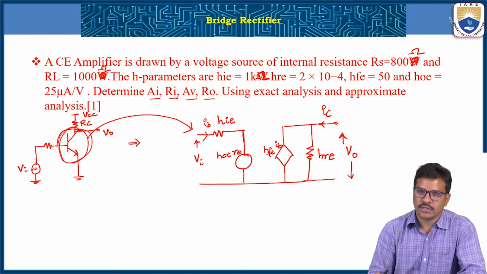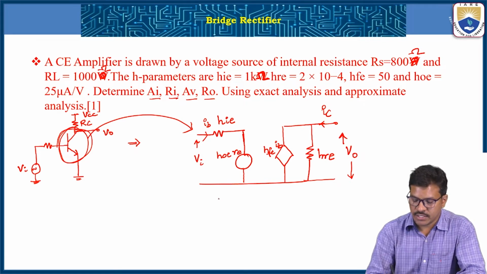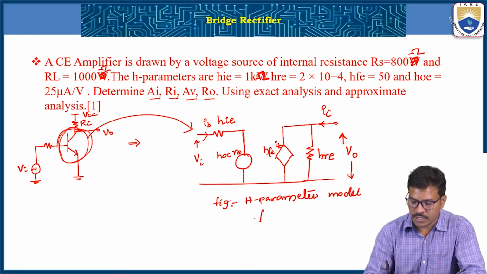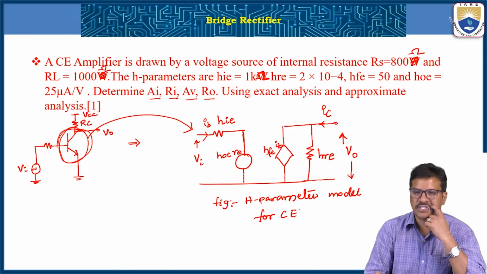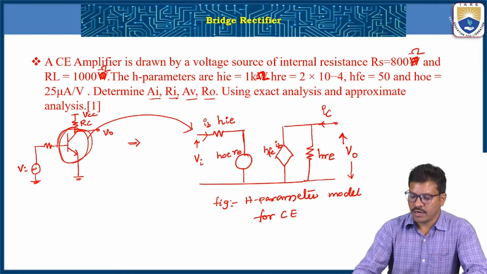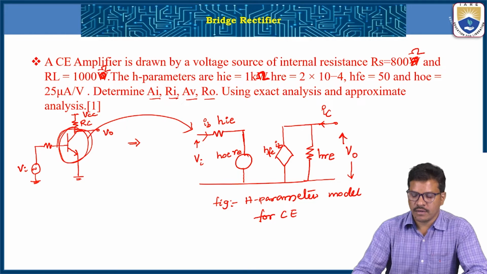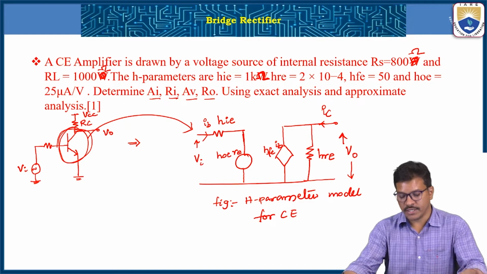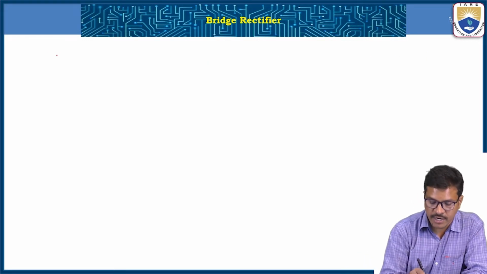But in this case, this figure represents the h-parameter model for the transistor CE configuration. We already explained all those things in the CE amplifier topic, so directly we can consider the formulas to determine the current gain, input impedance, voltage gain. Let us see the given data first.